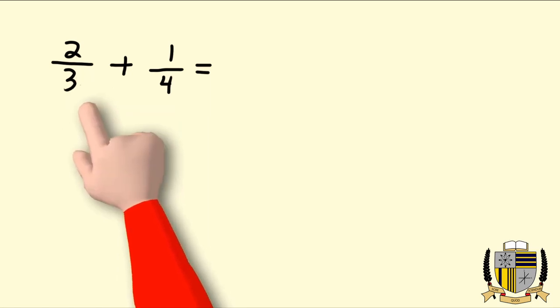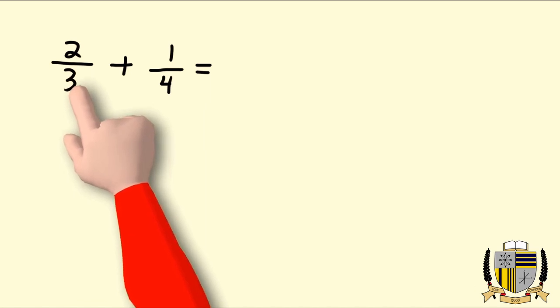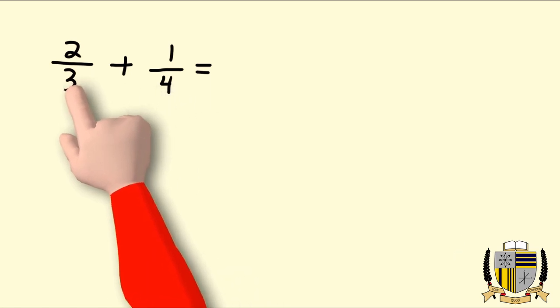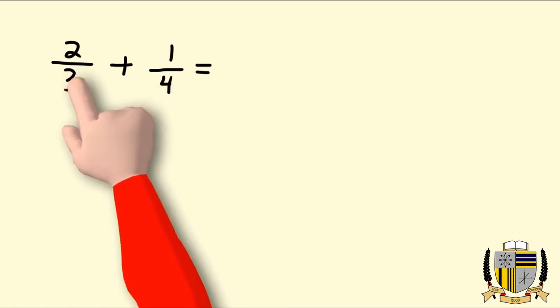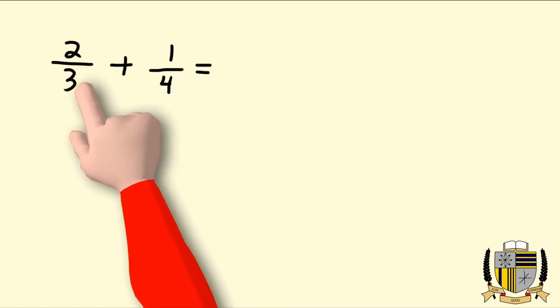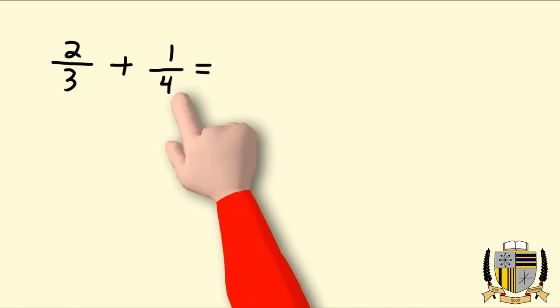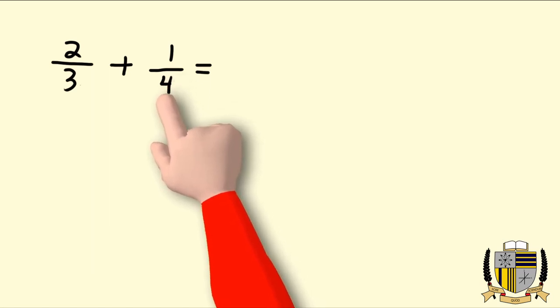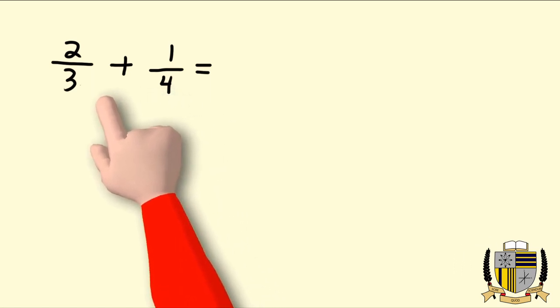For example, another common denominator we could have is 24. 24 is another common number between these two. 3 times 8 is 24, and 4 times 6 is 24. But we want to find the lowest number that's common among them.